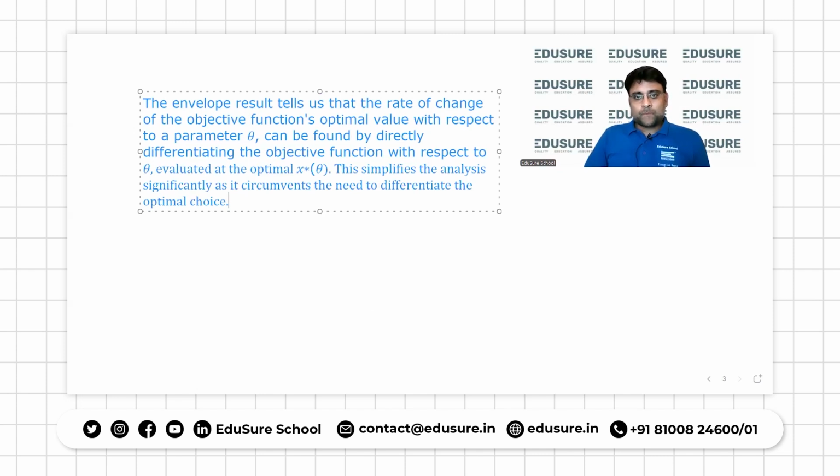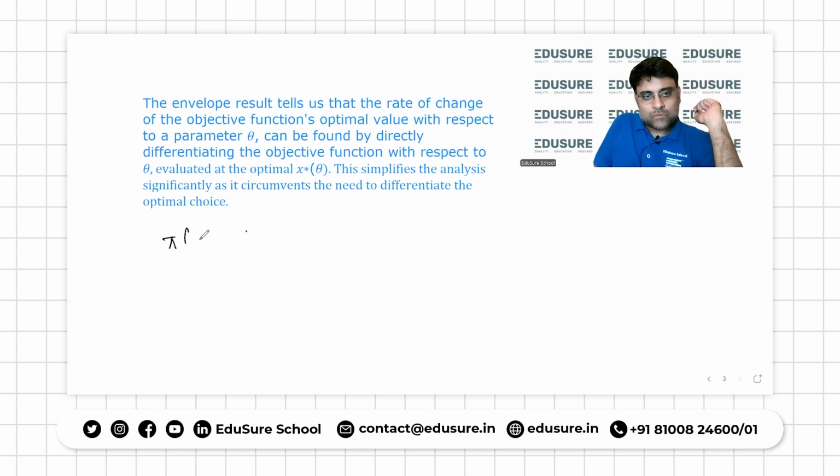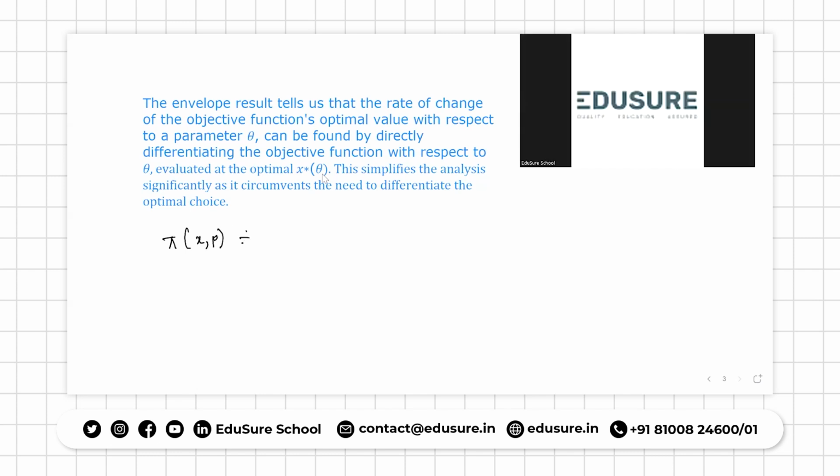Okay. Now, if I were to talk about an example, let's consider a simple economic example where a firm is trying to maximize its profit. So the profit is a function of x and p, that is the quantity and the price. So this is equal to what?